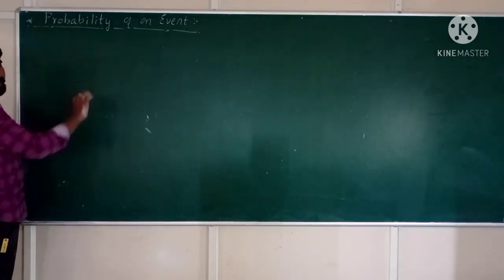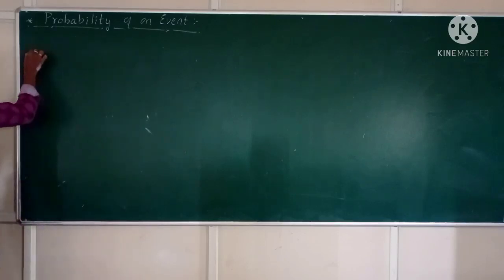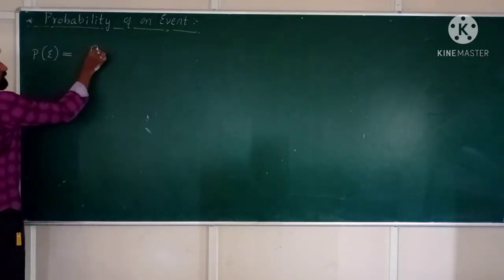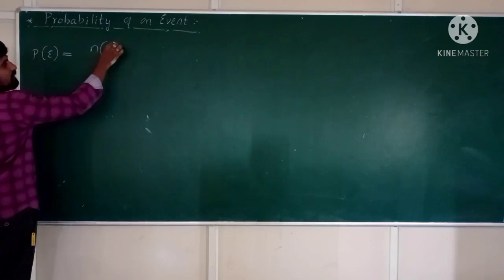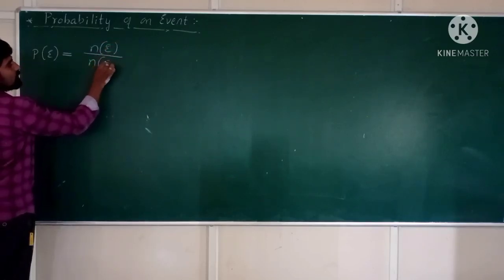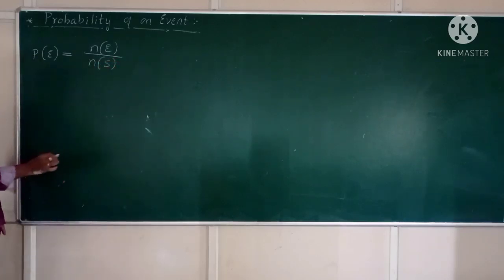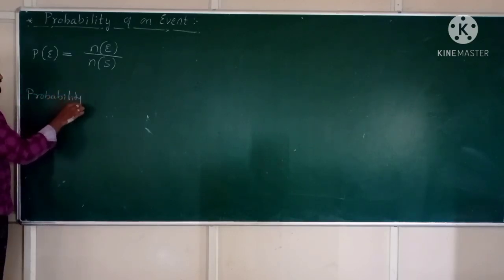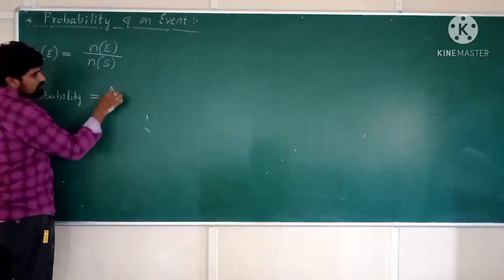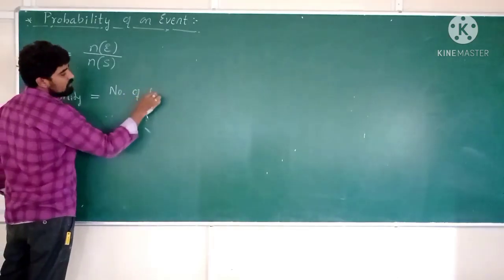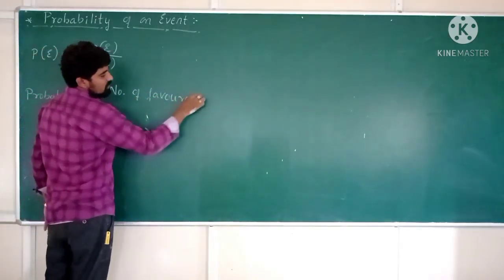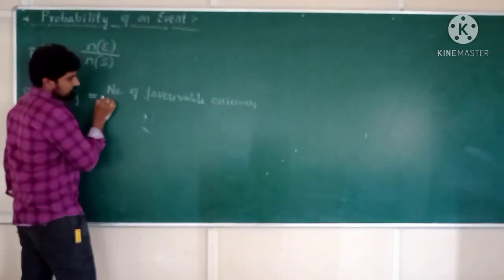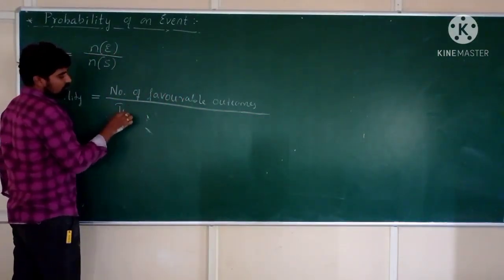For example, E is an event and we need to find out the probability of the event E. So the probability of the event E is obtained by the number of outcomes present in the event E divided by the total number of outcomes present in the sample space, or in other words, probability of an event is equal to the number of favorable outcomes to the given event divided by the total number of outcomes.